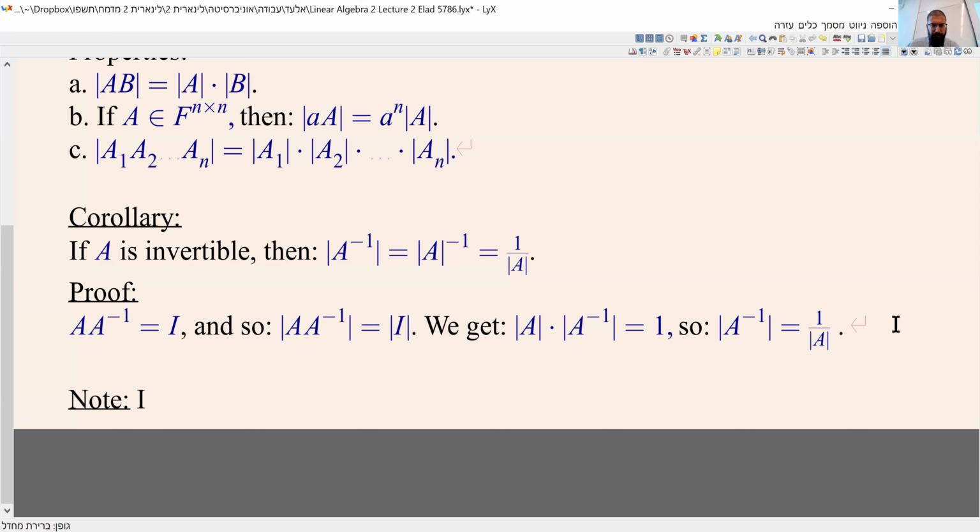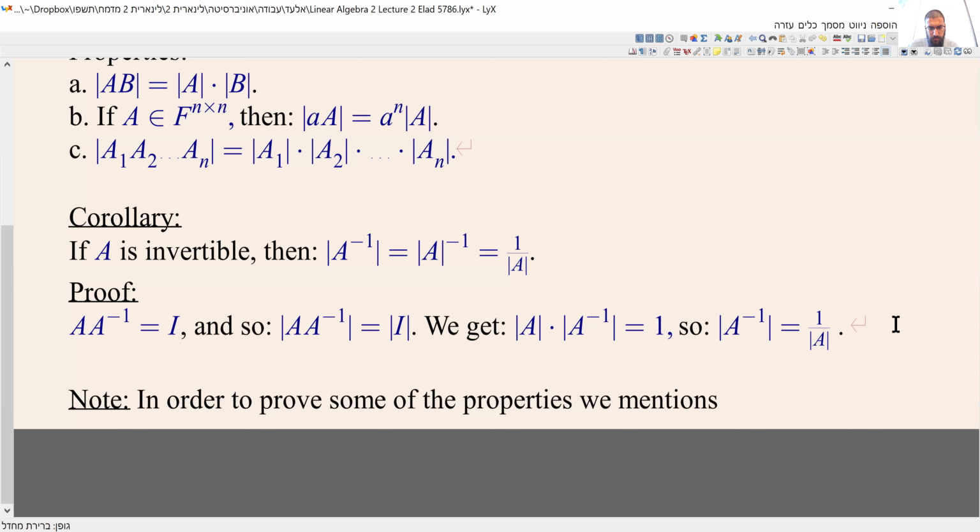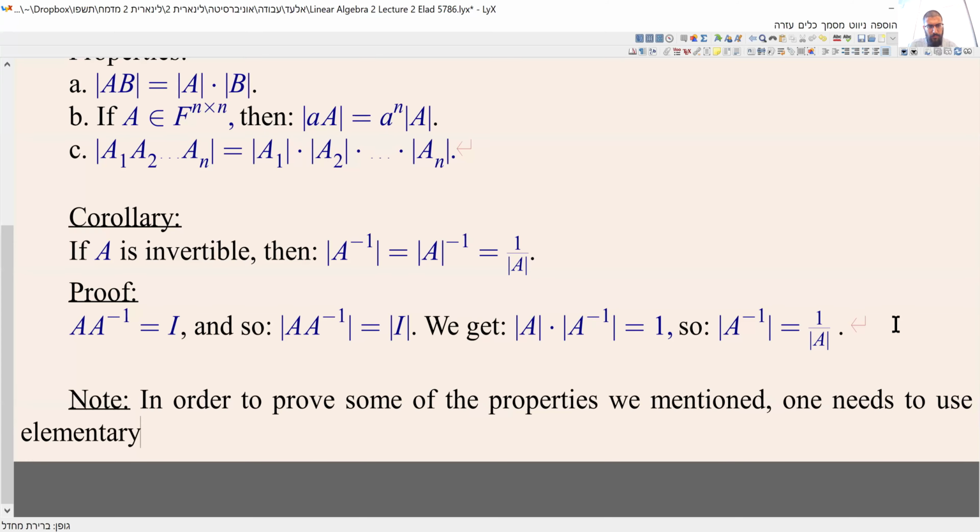In order to prove some of the properties we mentioned, one probably needs to use elementary operations or elementary matrices.